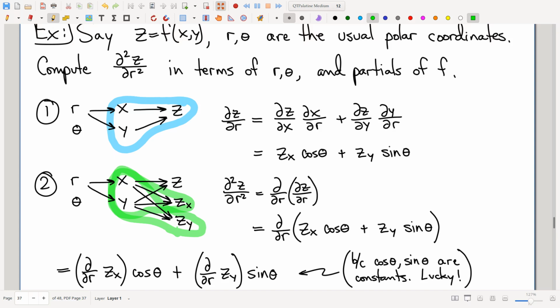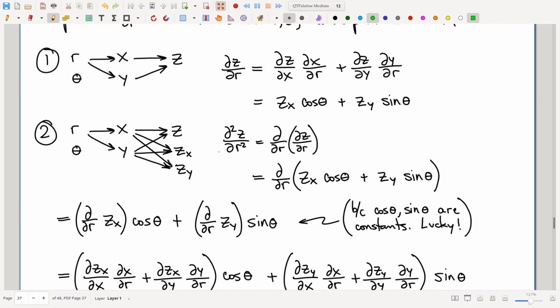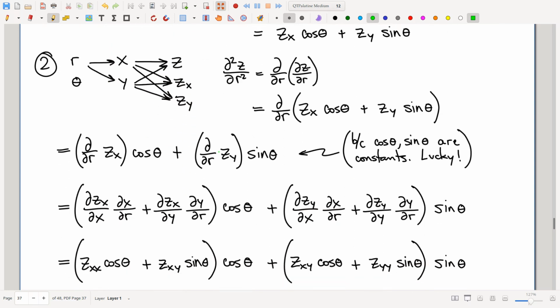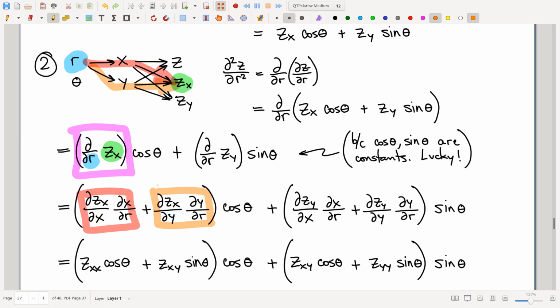So now, given our appended diagram, how do I make sense out of the partial of zx with respect to r? Well, no sweat. There's the first path through x. That gives me the x term. Here's the second path through the intermediate variable y. That gives me the y term.